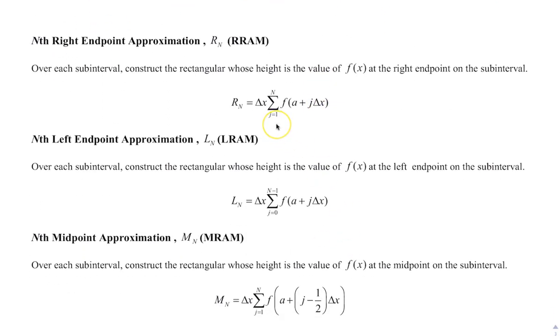But there's actually more ways to approximate. The one we just did is a right approximation. So I give you a graph like this, right? And our rectangles are on the right-hand side. I could also do a left approximation. We have the same graph, but we start on the left side now.